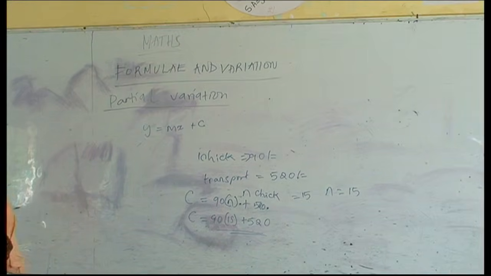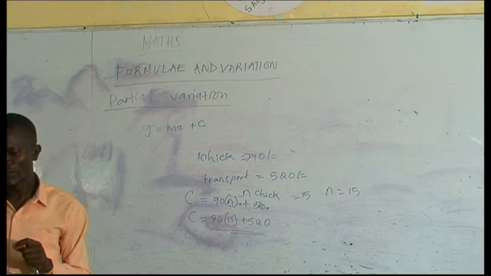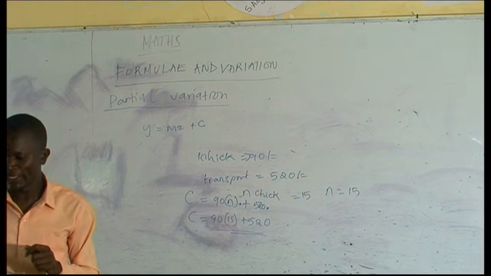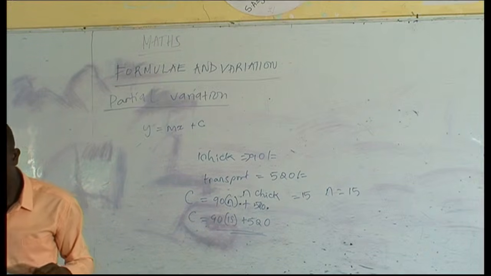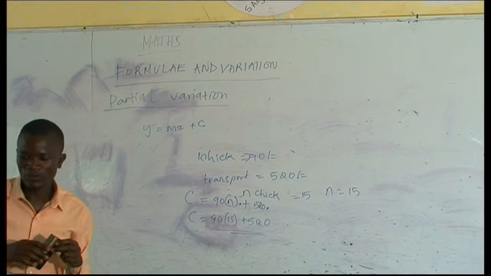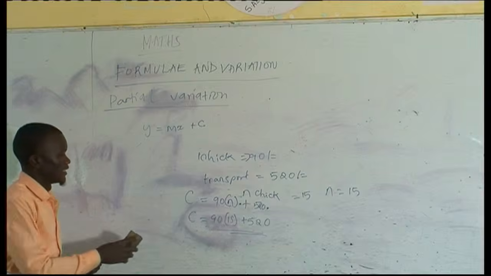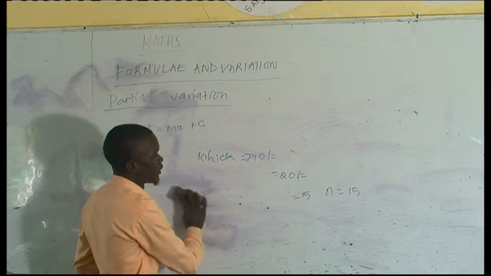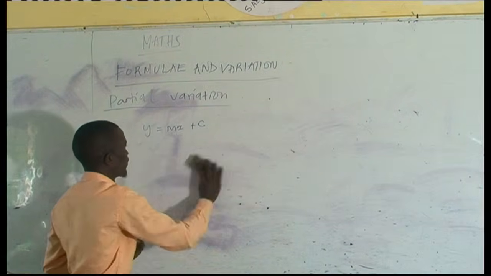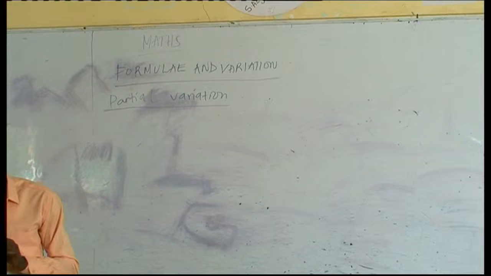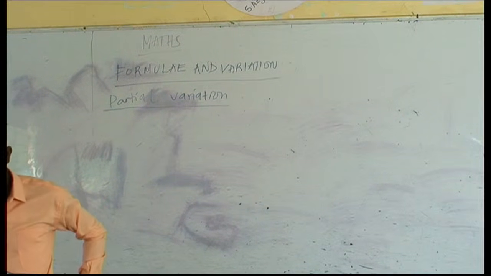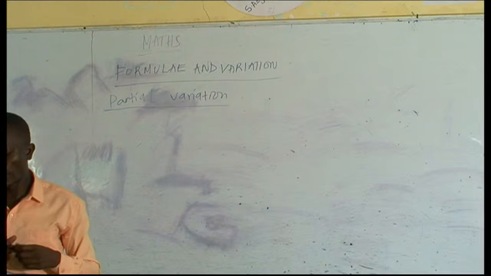Now, I want us to go through the question that has been displayed there, number 3, and try to see how we can solve this particular problem. Let us have a place to write the question and work it out.